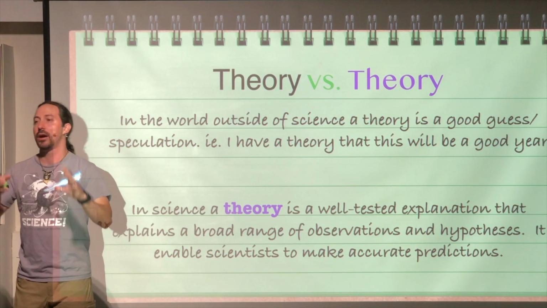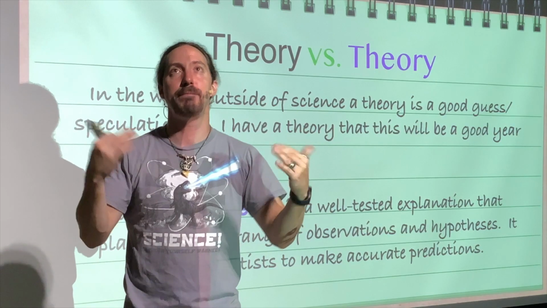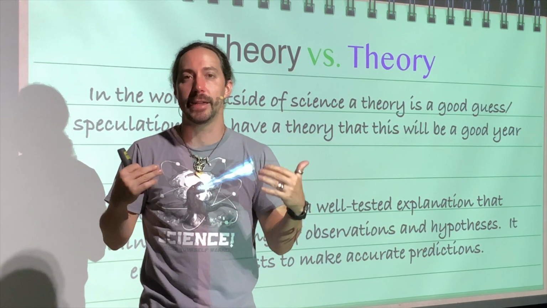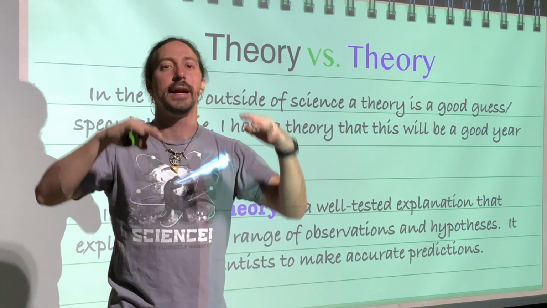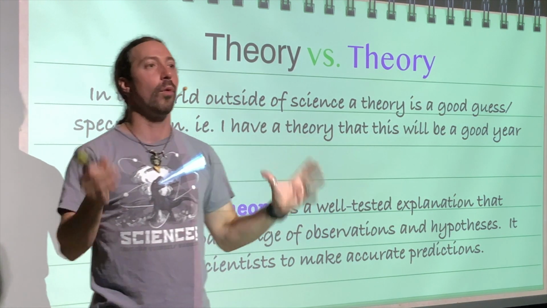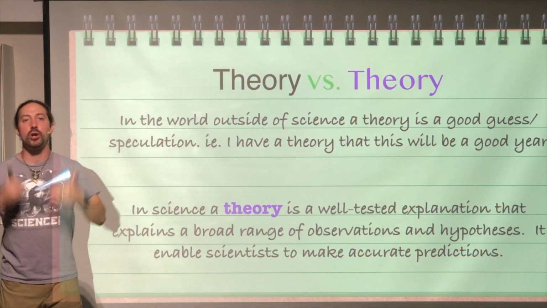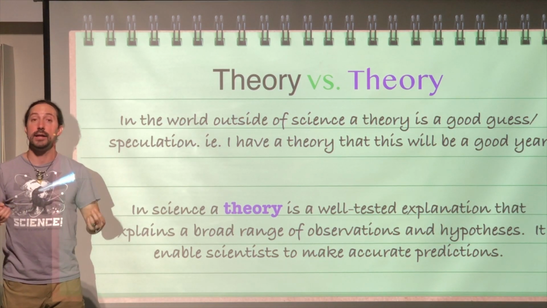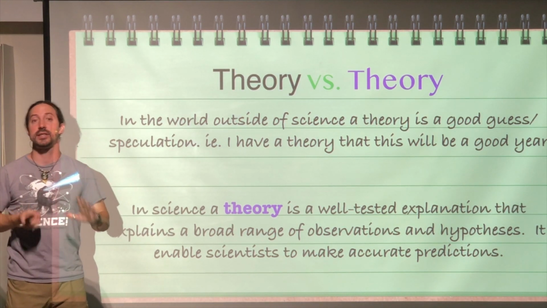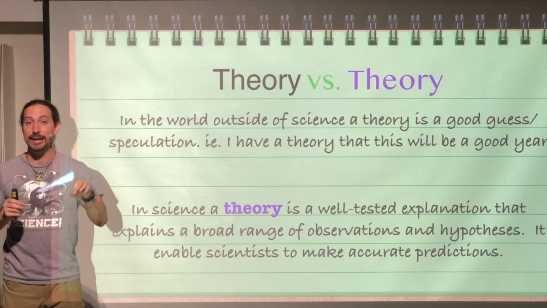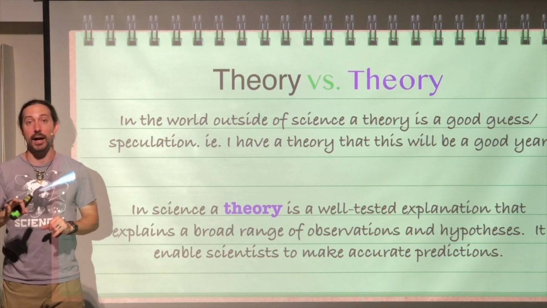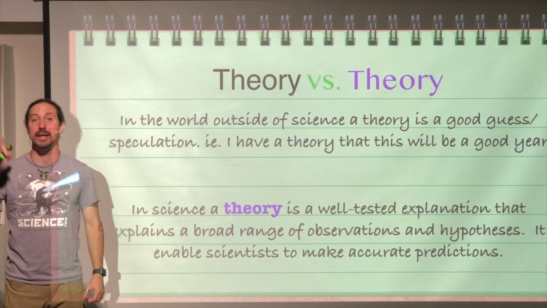It's based on a ton of evidence. It's based on a ton of experimental data. It's based on years and years of work. So when we talk about theory in science, recognize it's not just this word that gets thrown out lightly. It means a lot for something to be a scientific theory.